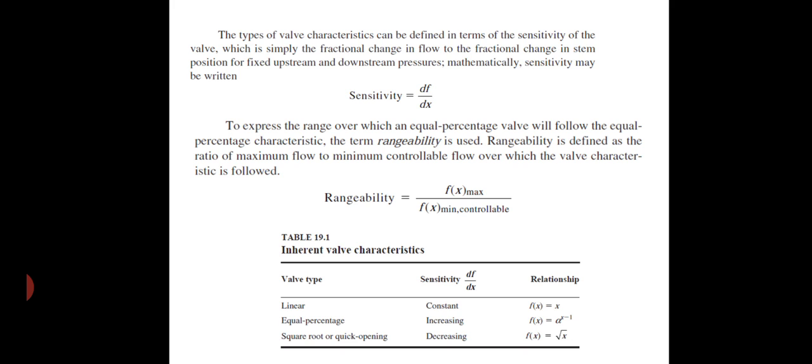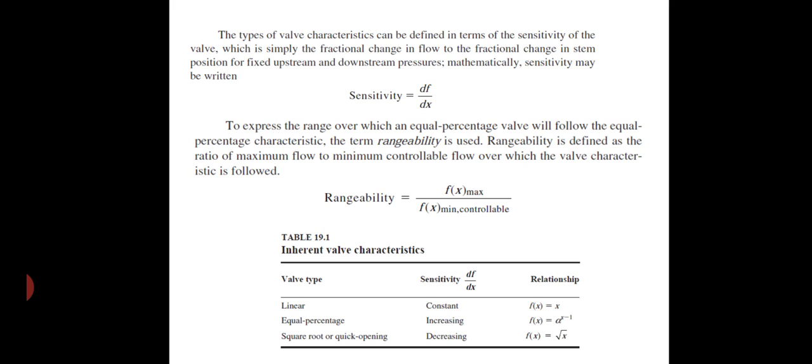Next is sensitivity and rangeability. The type of valve characteristic can be defined in terms of sensitivity. Sensitivity of the valve is simply the fractional change in the flow with respect to the fractional change in the stem position.